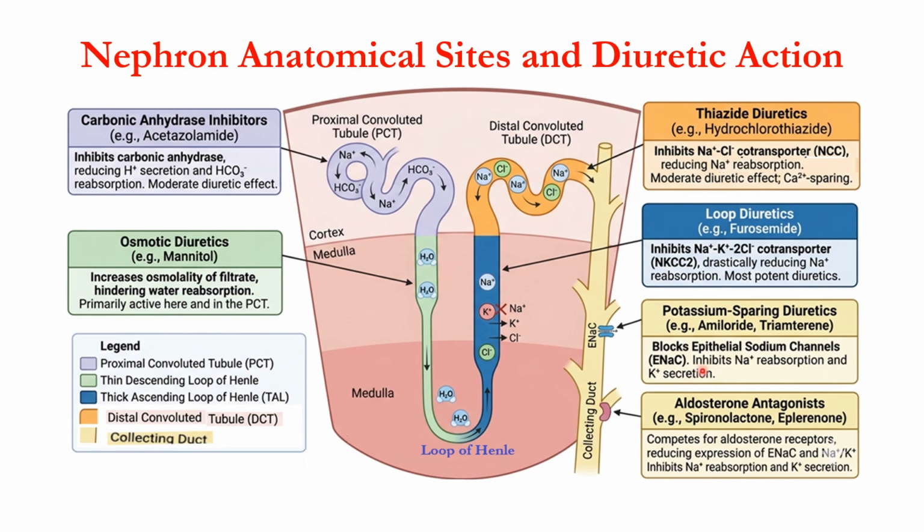The other blocks the epithelial sodium channel so that they can inhibit the sodium reabsorption and potassium secretion. The third one for today is the osmotic diuretics. These increase the osmolarity of the filtrate so that they can hinder water reabsorption. So these are the ones that we are going to discuss today: loop diuretics, potassium-sparing diuretics, and osmotic diuretics.